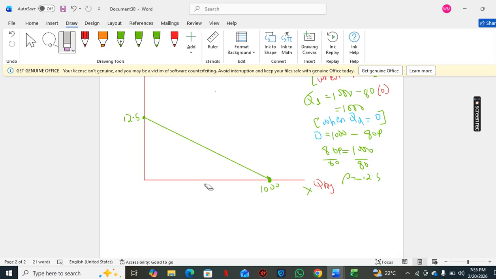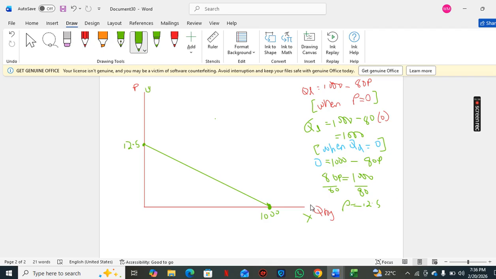Now for our supply line, since it slopes upwards like this, we just have to find at which point it cuts the y-axis. For our supply, remember it's QS equals 20P.